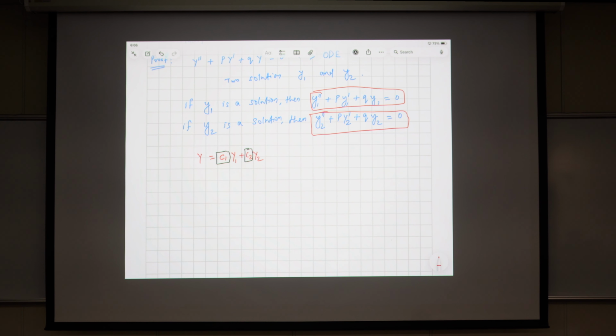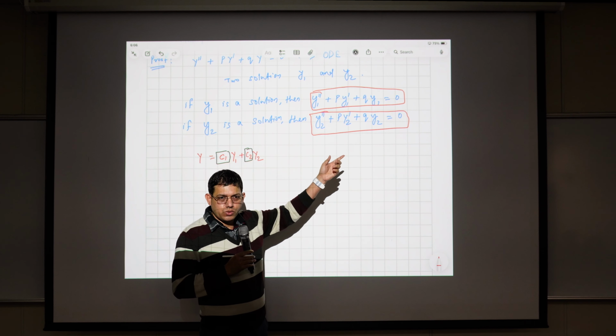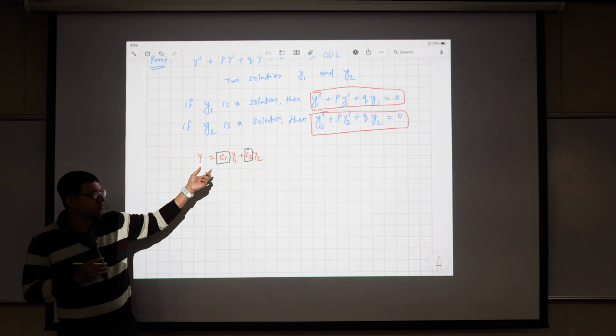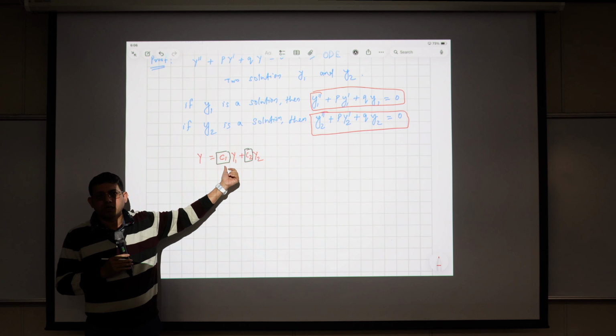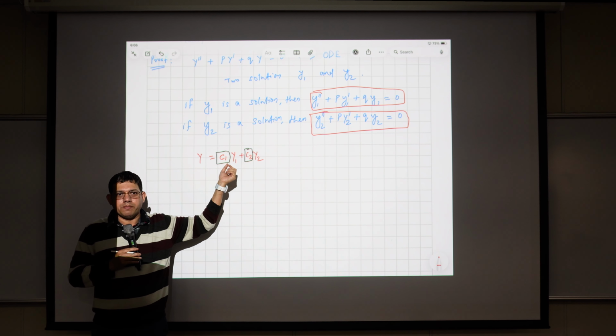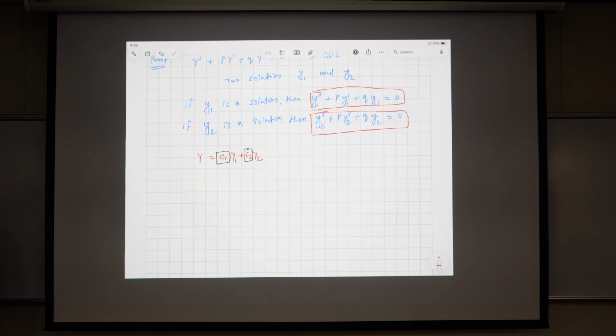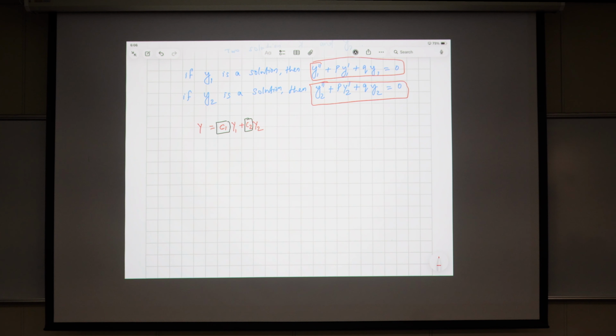If y1 and y2 are two solutions, then by the theorem, multiplying constants to those solutions and adding them can also be my solution. That means y is C1 y1 plus C2 y2. Now let's put this solution and test it in the ODE.